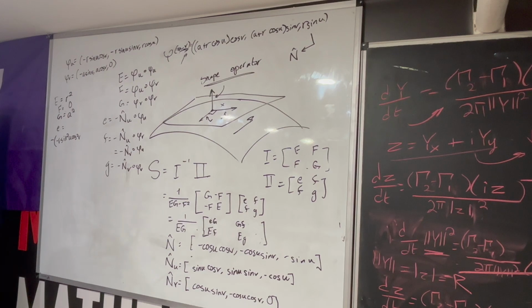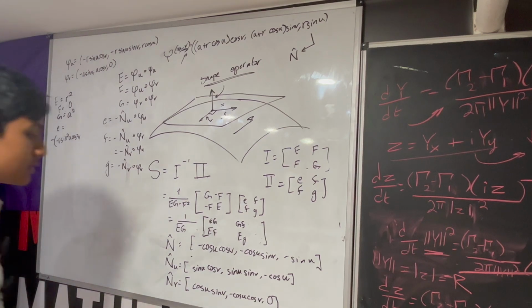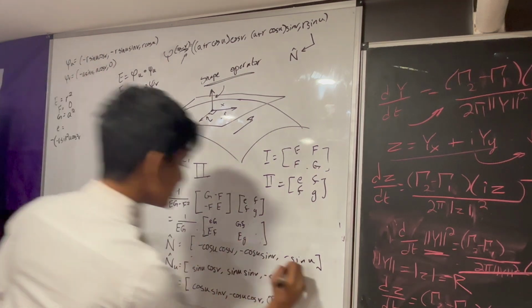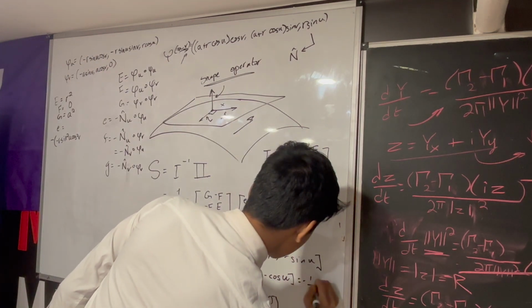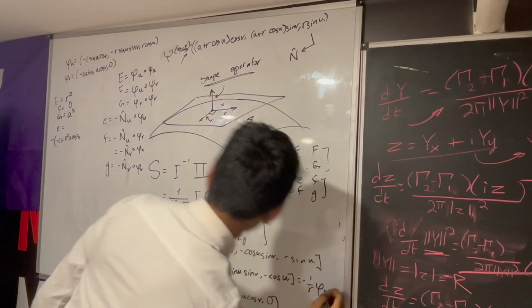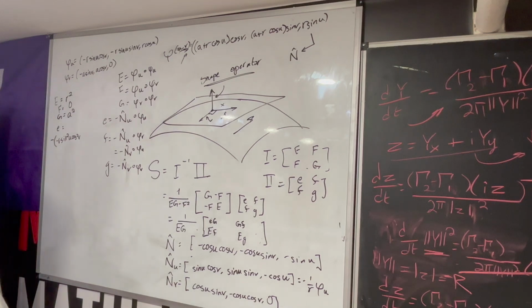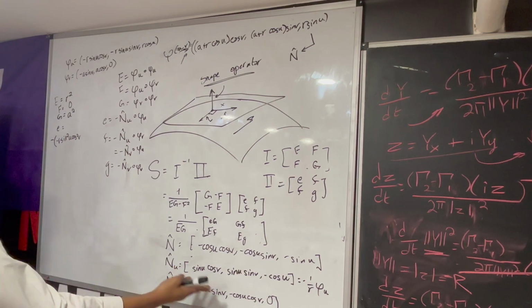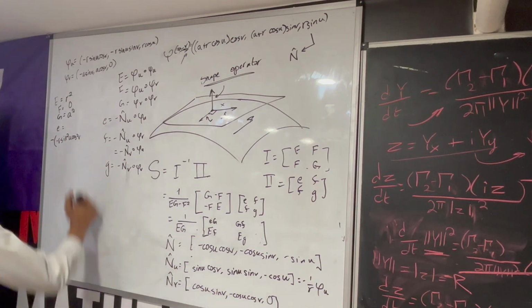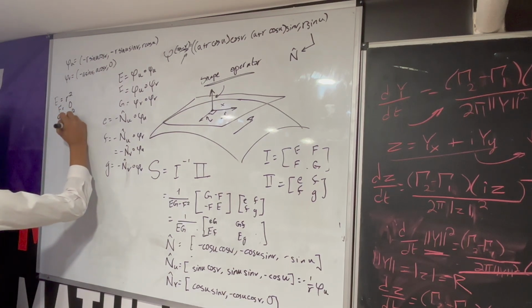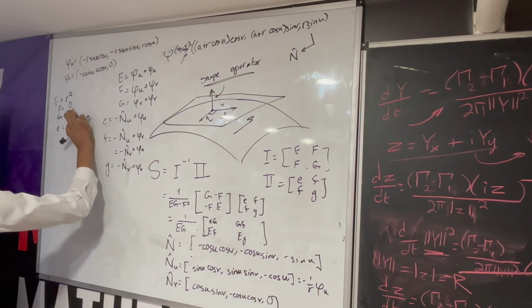If you look closely enough, you'll notice that this is just phi u multiplied by negative 1 over r. Signs work out, everything works out over here. So this is just minus 1 over r multiplied by e.